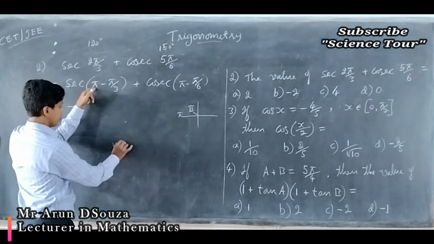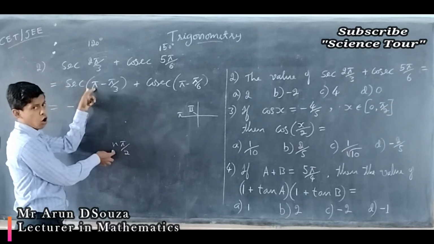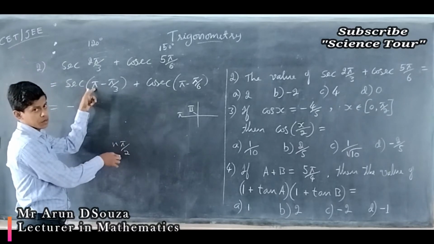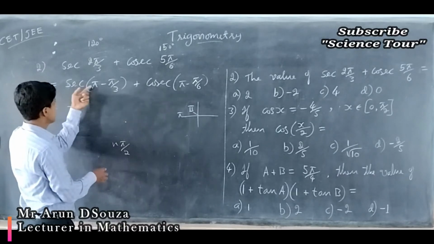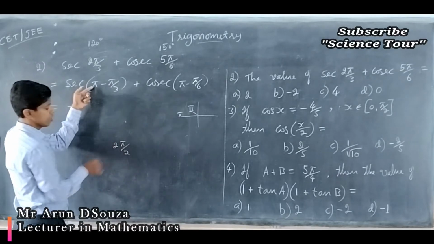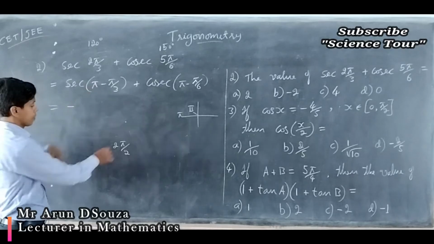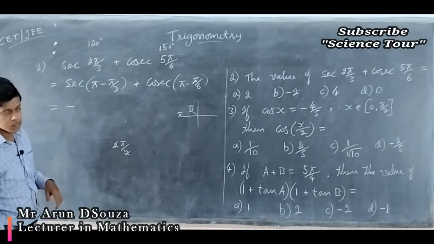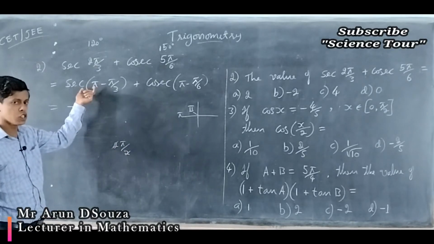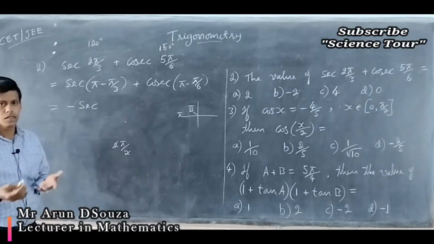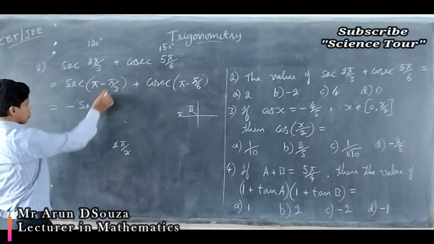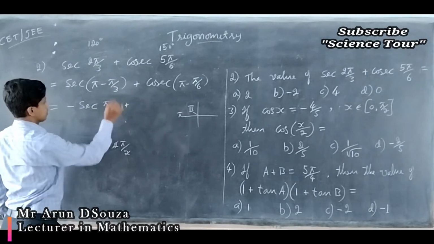Alright, so if n is odd, pi by 2 or 3 pi by 2, then that will change into co-function. But now n is 2, even, therefore you have got pi, correct. So if n is even, then that remains same. Okay, and you got to write pi by 3 here.